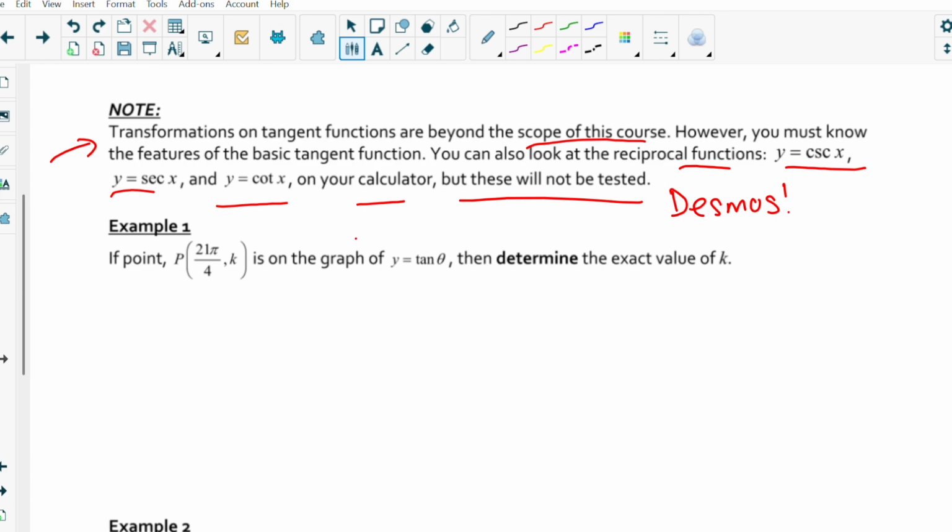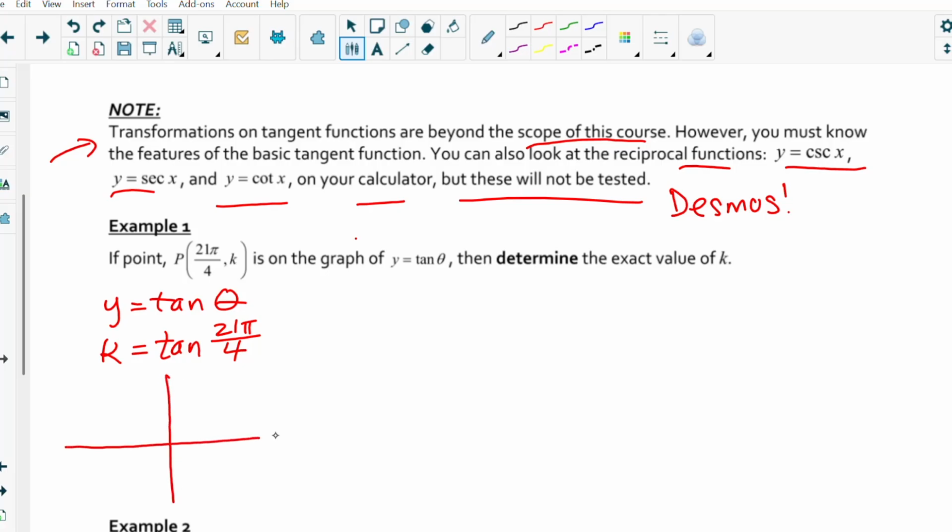So when I substitute into y equals tangent of theta, y is k, and theta is 21 pi over 4. So we are doing this in radians, folks. We need to evaluate tangent of 21 pi over 4.